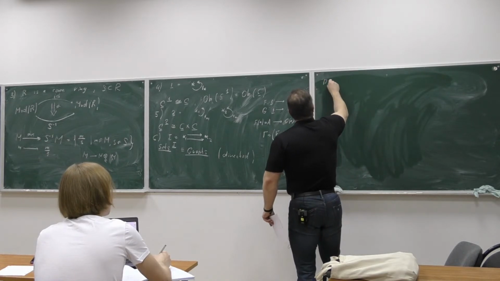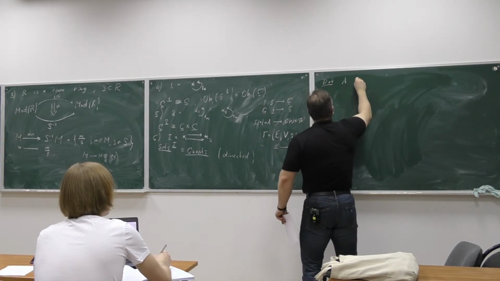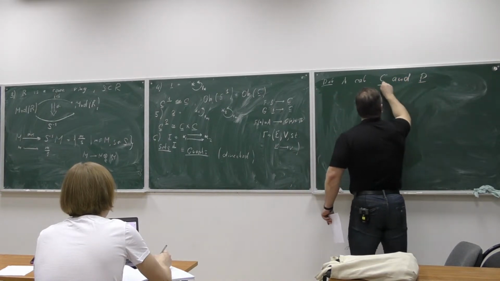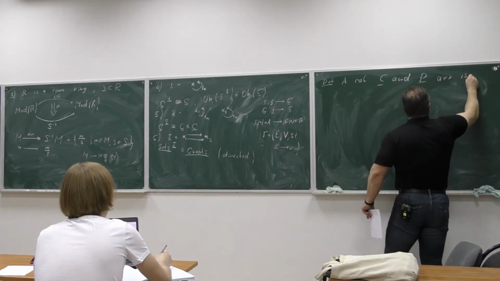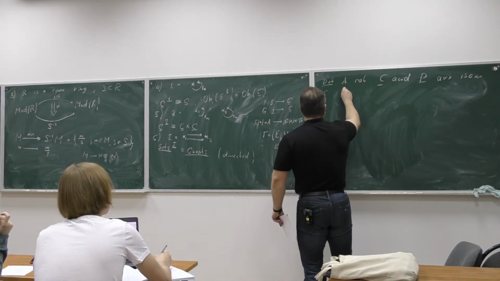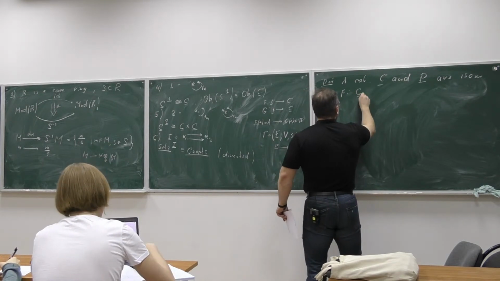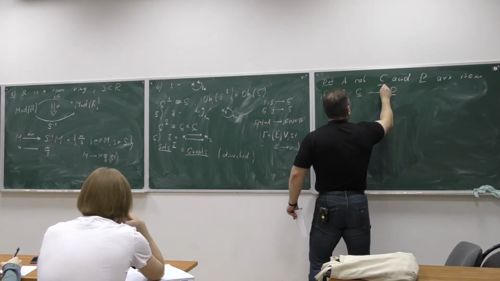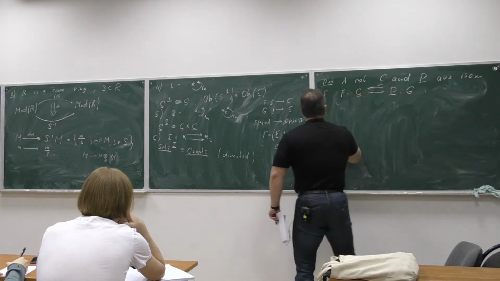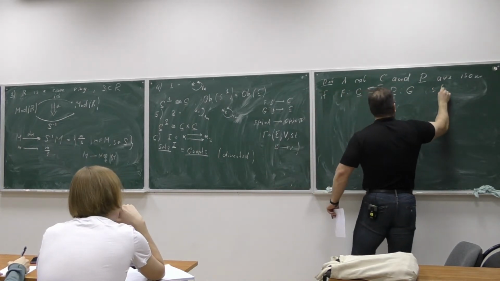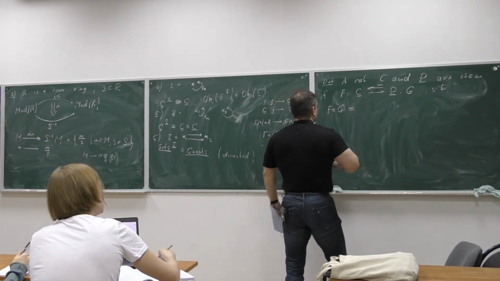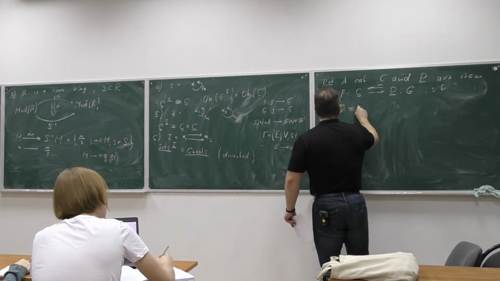So, definition: categories C and D are isomorphic if there is a functor in one direction, and a functor in the other direction, such that when you take the composition of F and G, you get the identity functor.